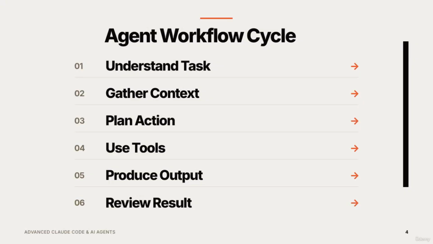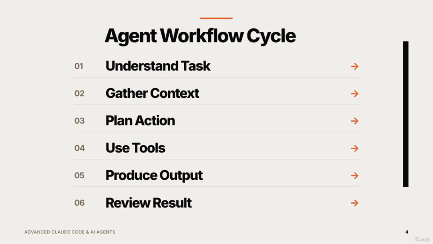Here we have the agent workflow cycle, which outlines the key steps an AI agent follows to complete a task effectively. It starts with understanding the task itself. This is crucial because without a clear grasp of the goal, the agent can't proceed accurately. Next, the agent gathers context, meaning it collects all the relevant information needed to make informed decisions. Then, it moves to planning the action, where it strategizes how best to tackle the task using the data it has.